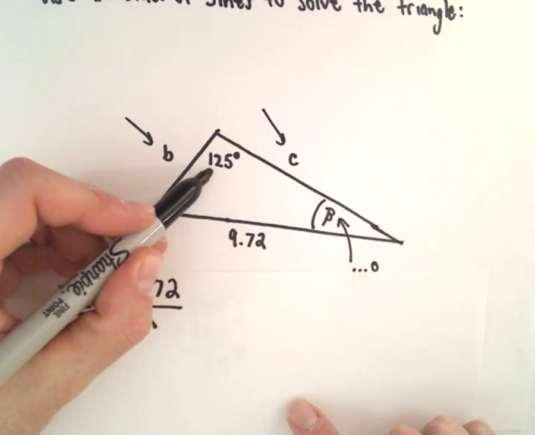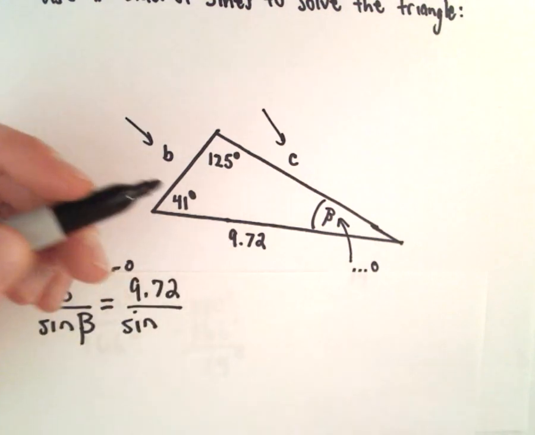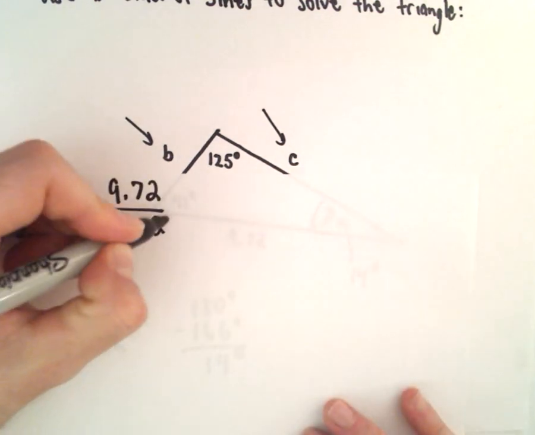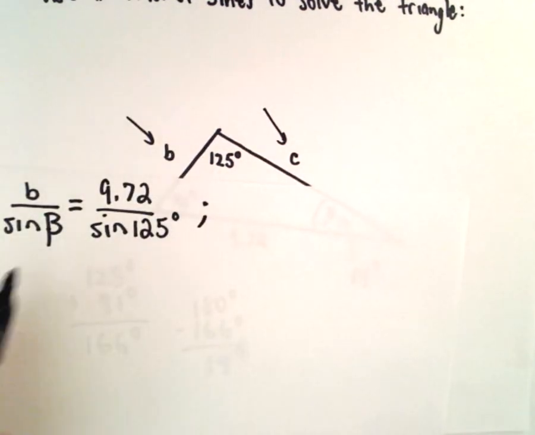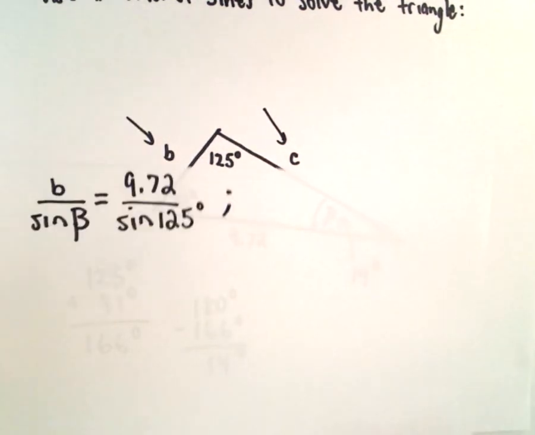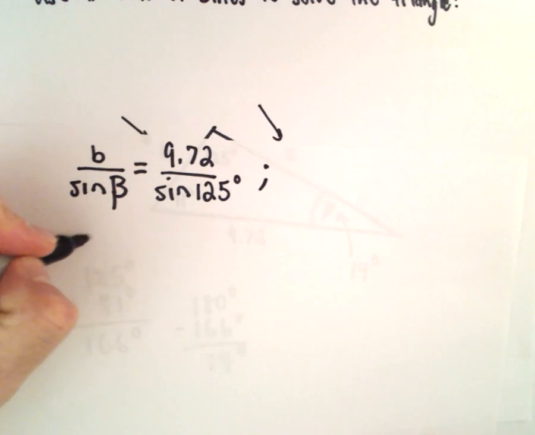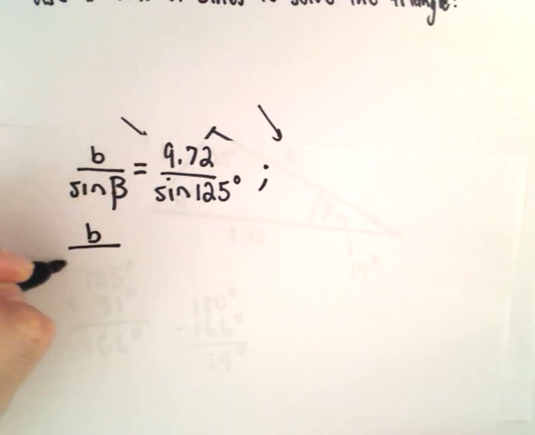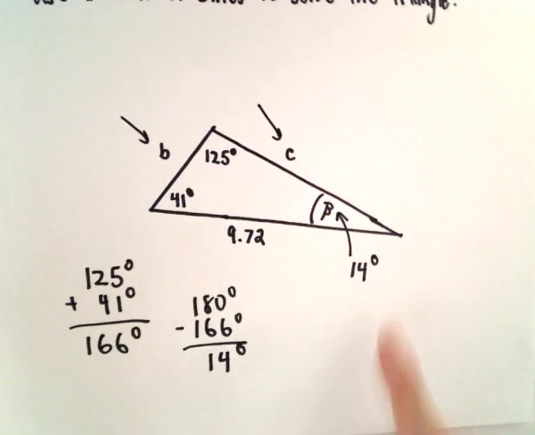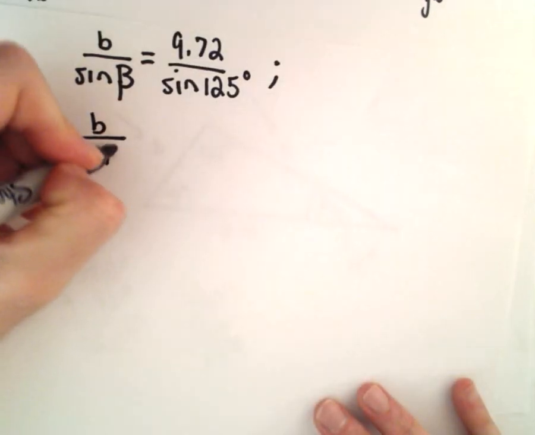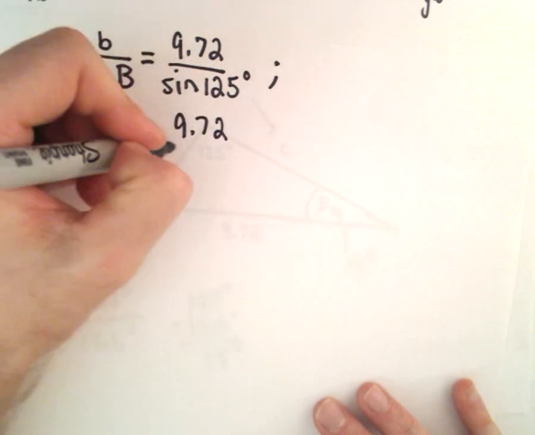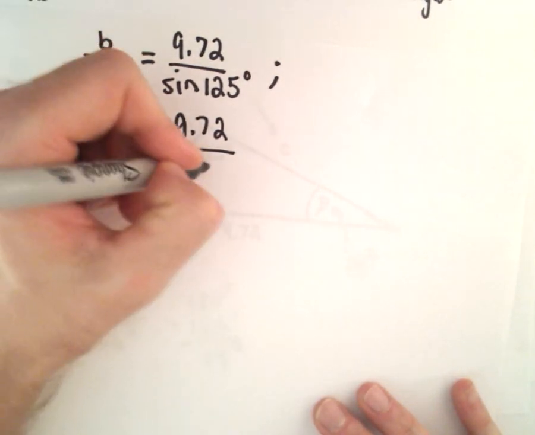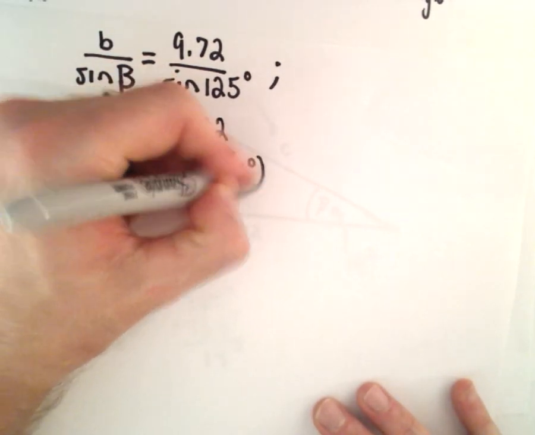So the angle opposite the side that has length 9.72, that angle is 125 degrees. So we now know beta, so let's substitute that in. So we have little b over sine of beta, and again we said beta was 14 degrees. That equals 9.72 divided by sine of 125 degrees.